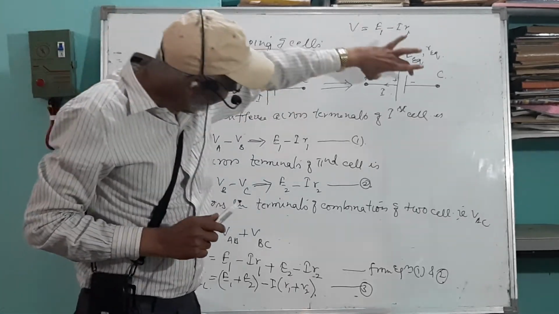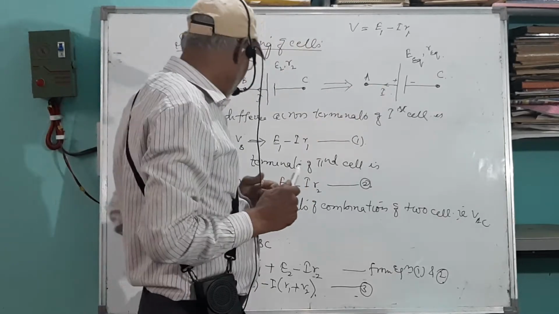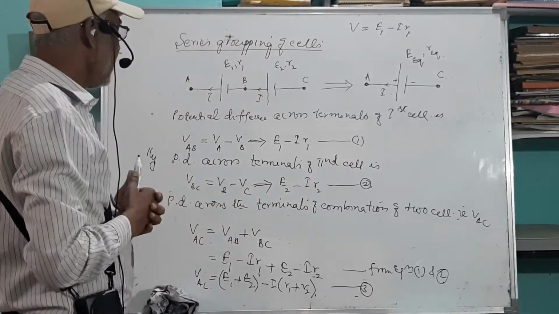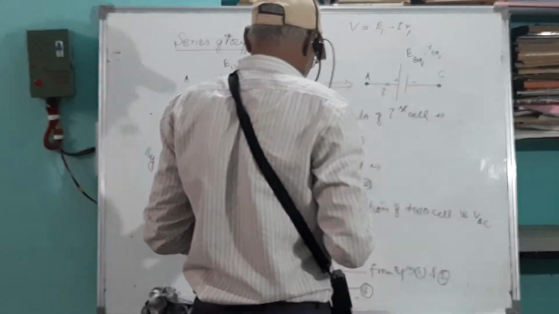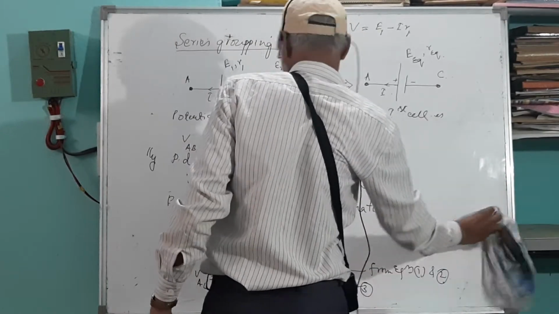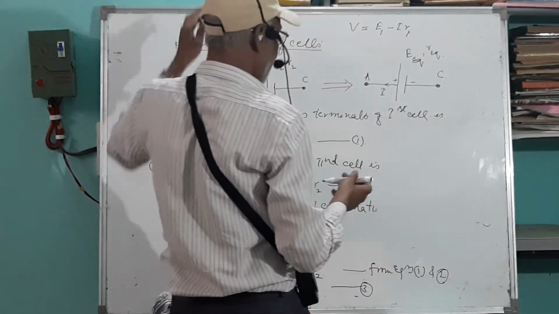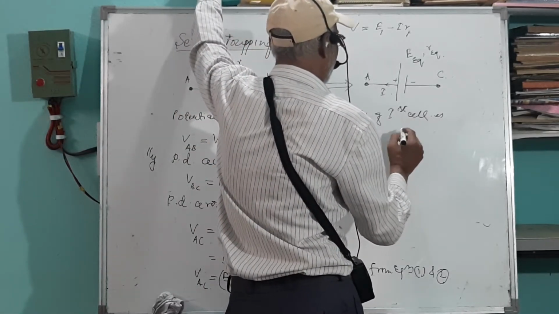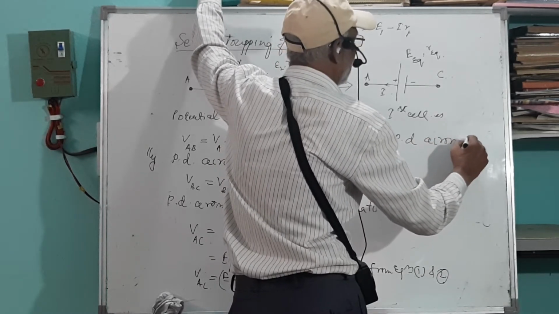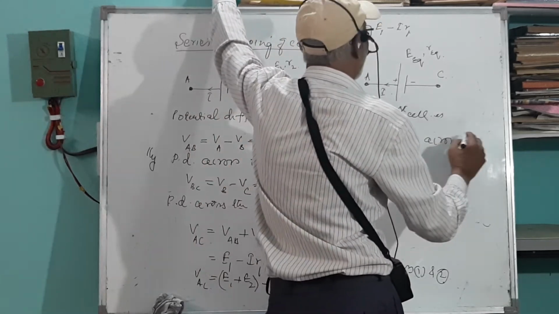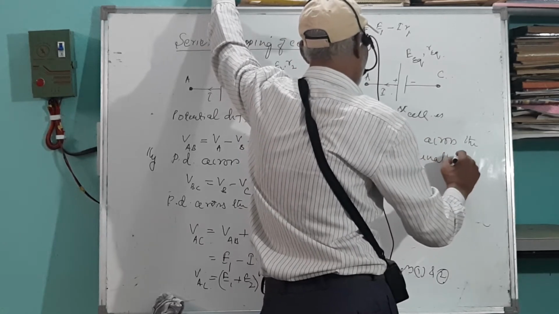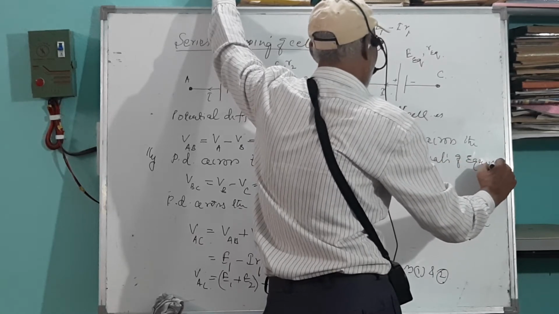So now for this equivalent circuit, you have to find the potential difference, PD, across the terminals of the equivalent cell.